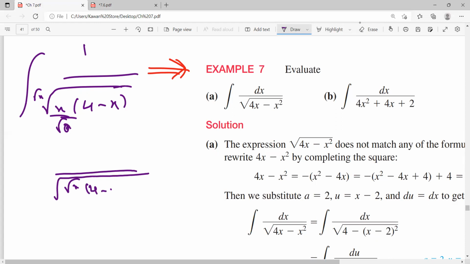Actually, it is more complicated. You cannot solve it like that. Any other idea?